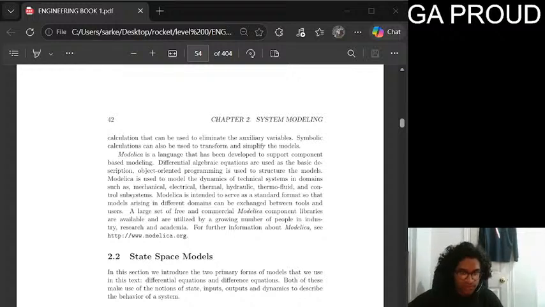Then we got the general control equation. So you have dx by dt is f of x and u, meaning the state change depends on the current state and the control input. This is step 2, our general equation.